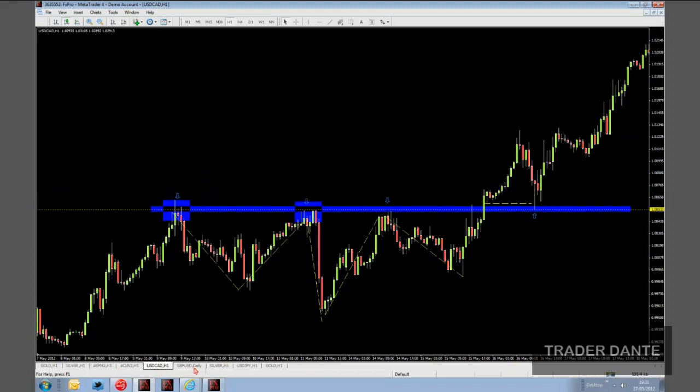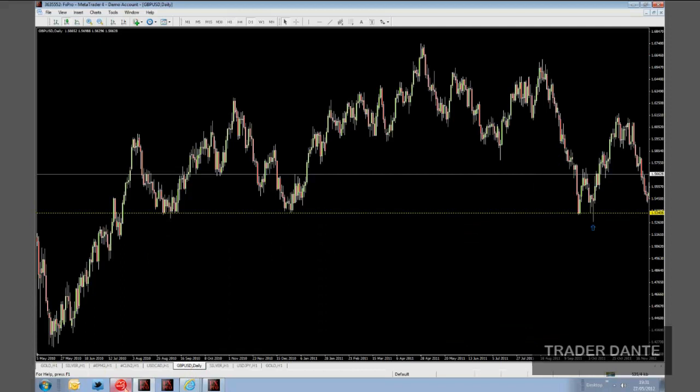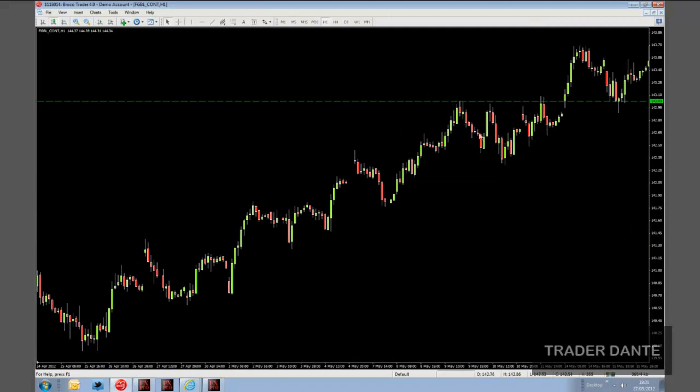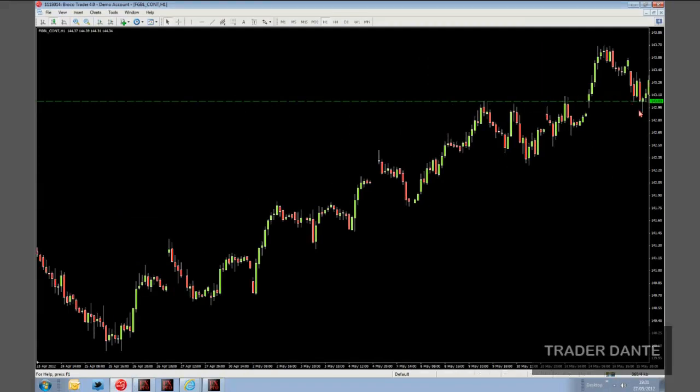Now, if we flip over and have a look at a different market, which is the Bund. Again, this is a nice example of how I would trade this particular level. We've got 143.03s in this Bund.